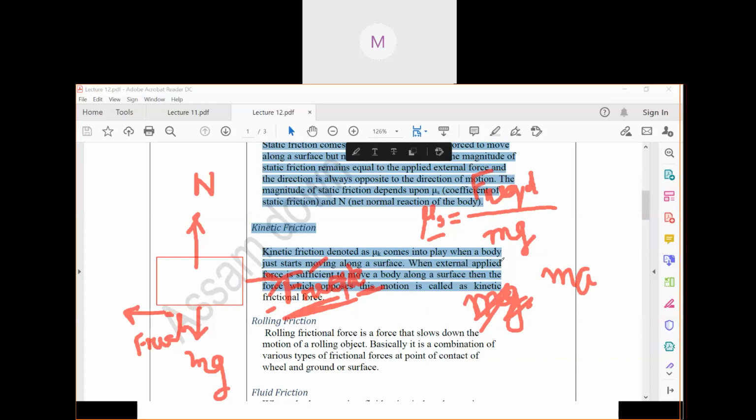But you don't know how much opposing force is applying, right? In that case, only the coefficient of friction comes in.